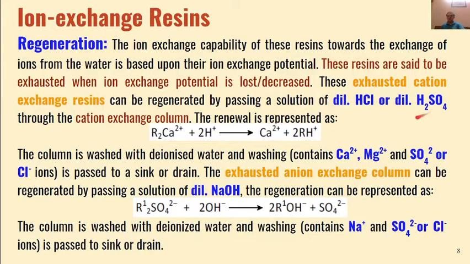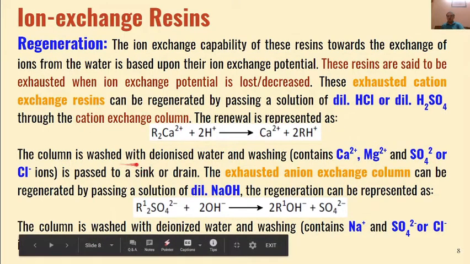If we react with HCl, H ion will go to the resin and calcium ion will react with chloride, and we will get calcium chloride, and the cation exchange resin will be regenerated. And then once it has been regenerated, it can be used again in the cation exchange reaction.